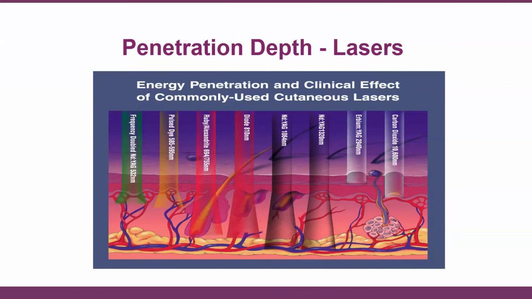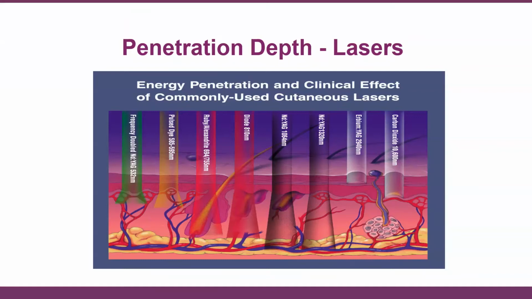And that will help you to steer towards which wavelength you need to use. The other interesting point on this diagram, if you look on the right-hand side at the erbium YAG at 2940, and also the CO2, the carbon dioxide laser at 10,600, you see these suddenly are penetrating much more superficially into the tissue than the ND-YAG is.